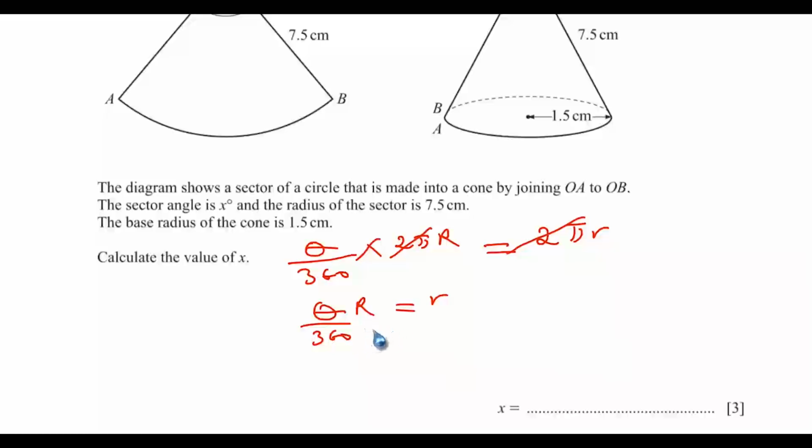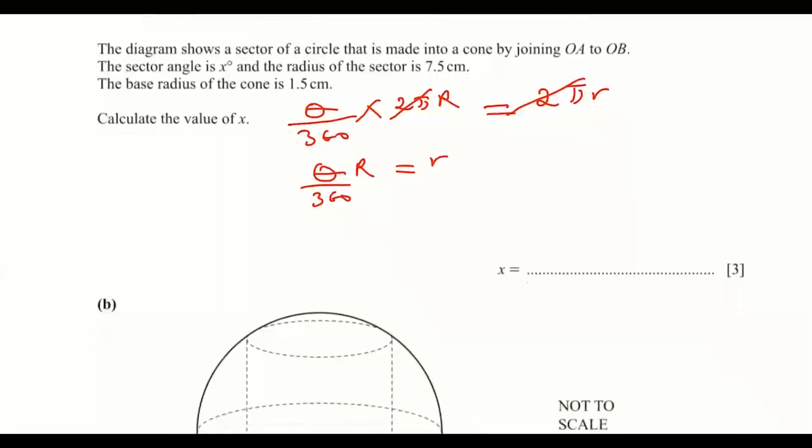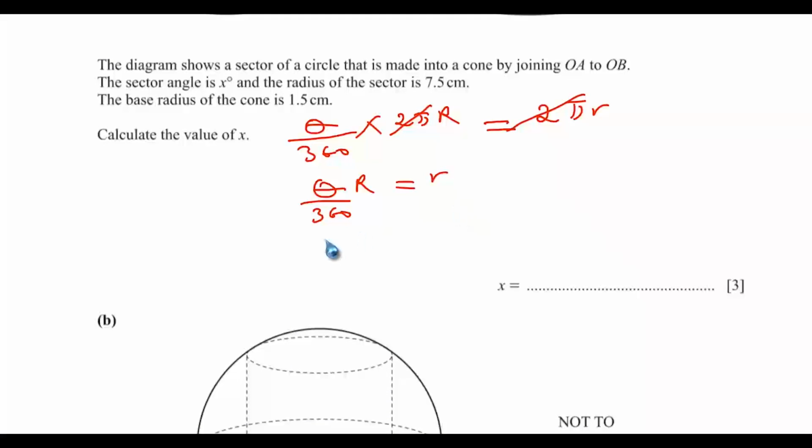So let's key in the values of these parameters. Theta is what we are looking for. We want to calculate the value of x here. Look at it here, this is the angle x. So we need to calculate that angle. So we're going to have x over 360 times the radius of the sector, 7.5, equals the radius of the cone, 1.5.